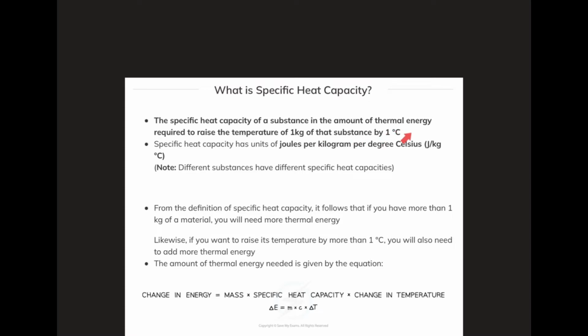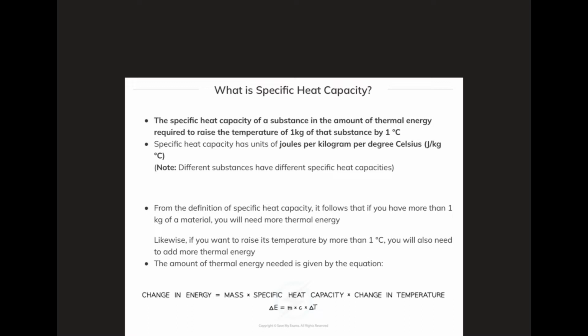So from here, you understand this 1 kg is the extra point compared to thermal capacity just now. Thermal capacity is the amount of thermal energy required to raise the temperature of the substance by 1 degree Celsius without specifying 1 kg. But specific heat capacity has this 1 kg as the extra point.